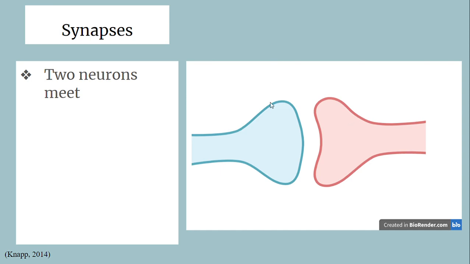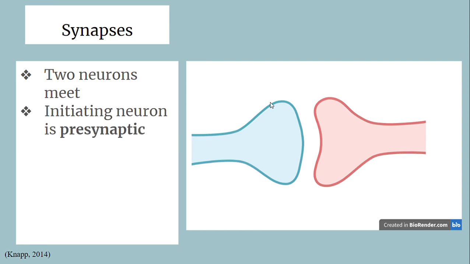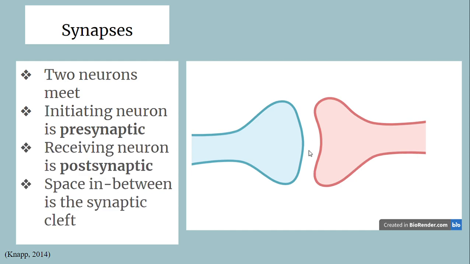Our blue neuron is what we call a presynaptic neuron, meaning that it is going to be the one that is initiating the signal. Whether it's a chemical signal or an electrical signal, this is where the signal is going to be coming from. And the signal is being transferred through the synaptic cleft into the postsynaptic neuron.